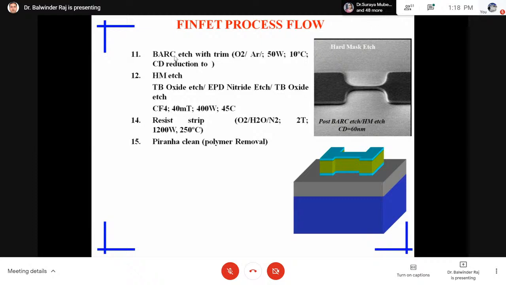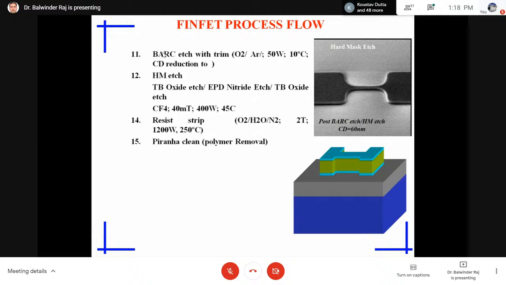So in the FinFET, we use this bottom anti-reflection coating with some material having a work function different from the channel material. The role of this bottom anti-reflection coating is to minimize my leakage current.